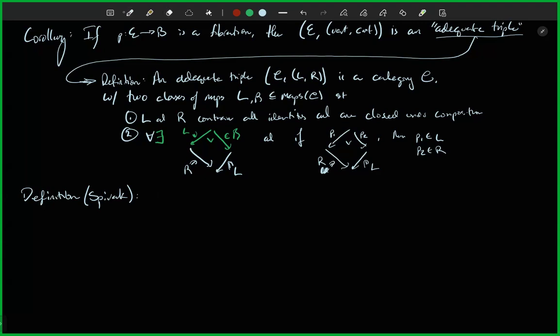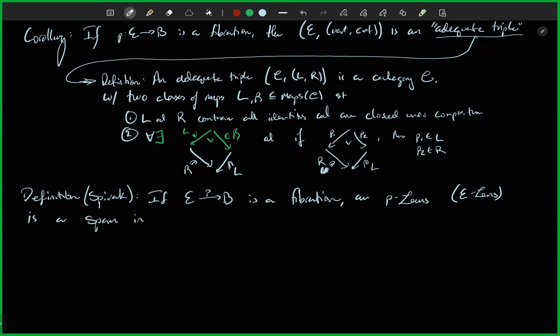If E to B is a fibration, a P lens, or we'll usually call it an E lens for short, but it really does depend on the P, is a span in E with left leg vertical and right leg Cartesian.